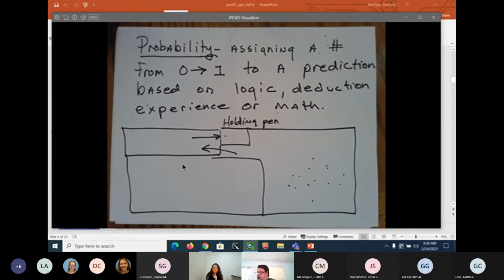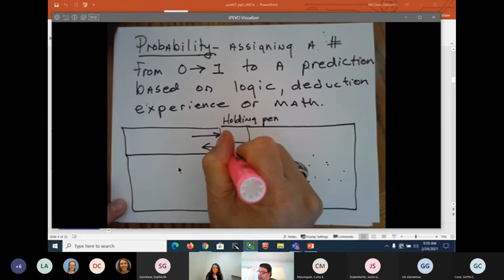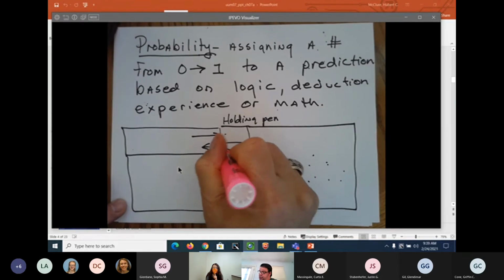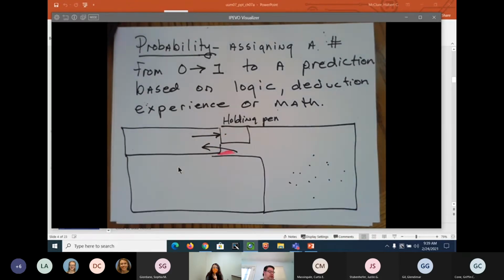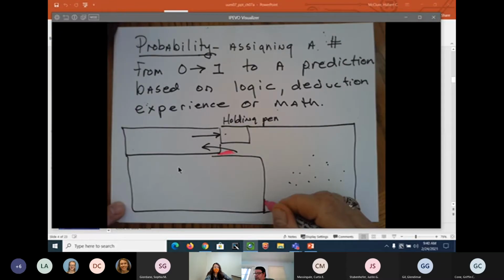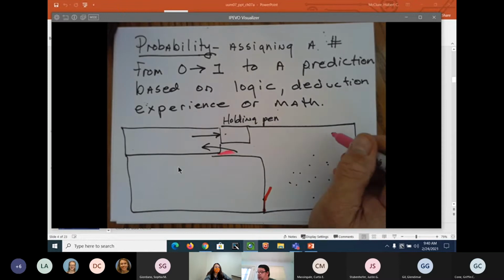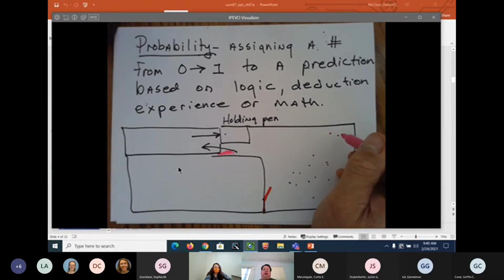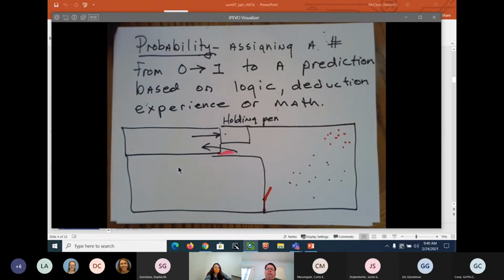You got a gate right here, and it's open. So I'll draw it open right there. And then there's another gate that's way down here that doesn't go to the holding pen. And we're talking 100 acres here and 100 acres here. And the cows are all up in here, and you start getting them up. Which gate are they going to run toward?